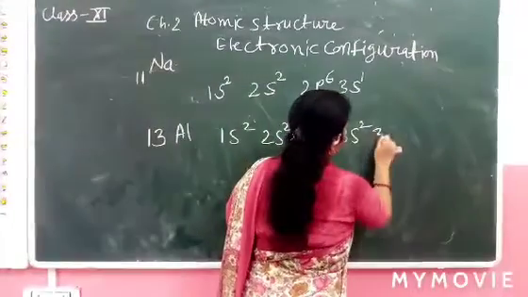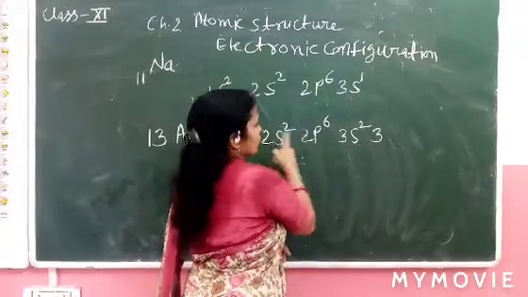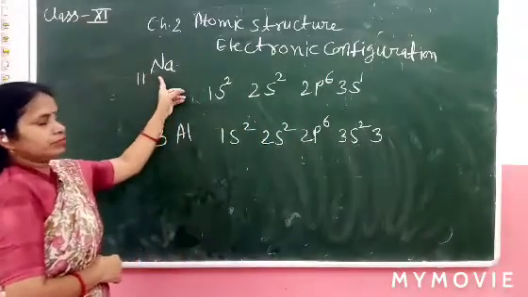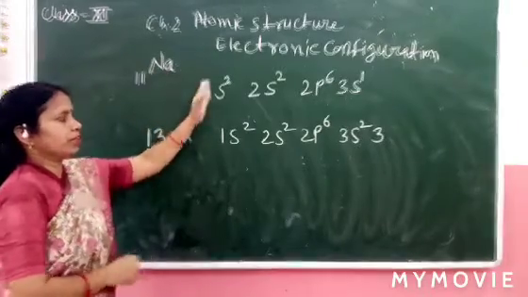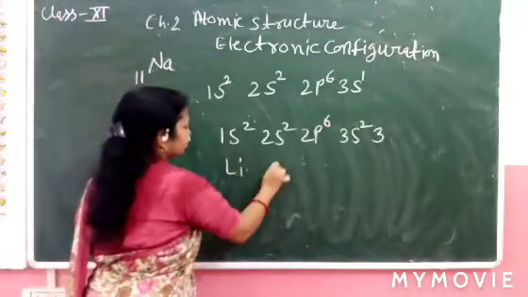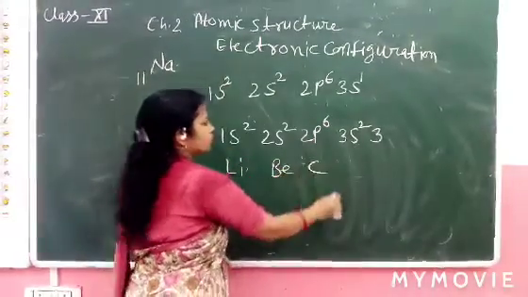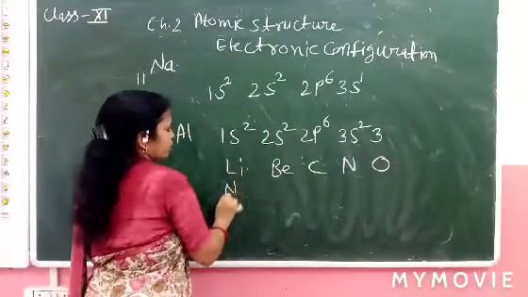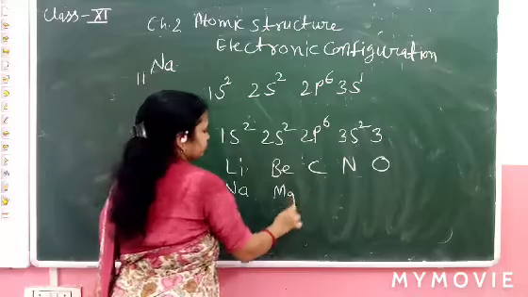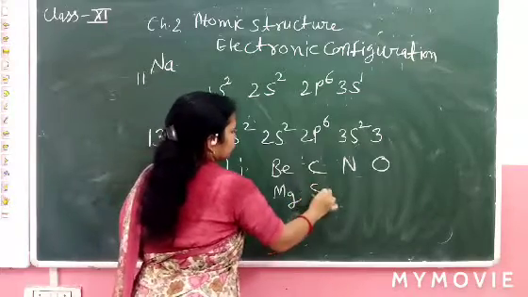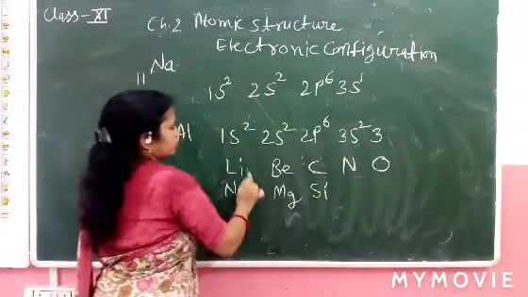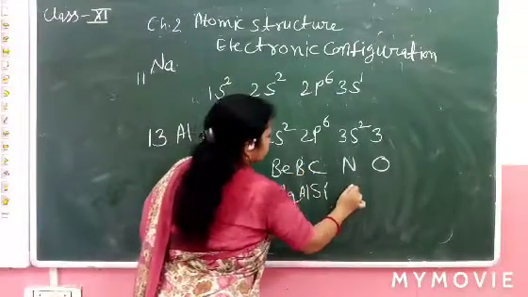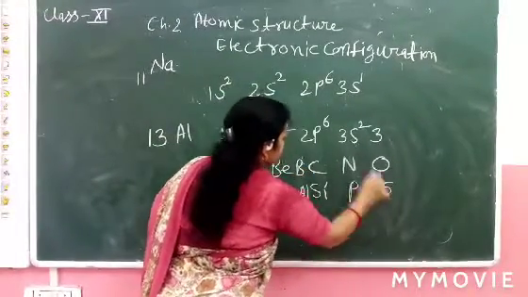Then 1s, 2s, 2p, 3s: sodium, then magnesium, then aluminium, silicon, phosphorus, sulfur, like this.